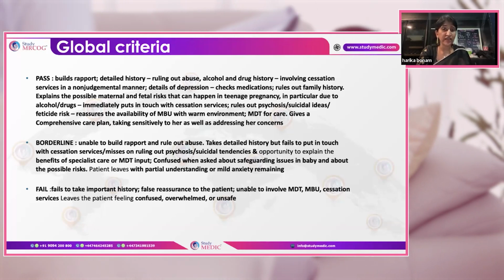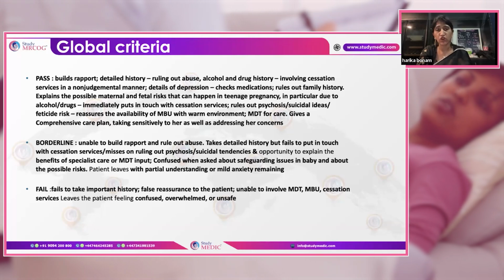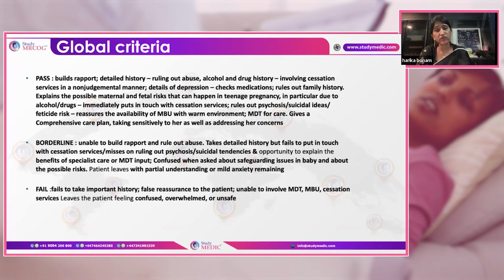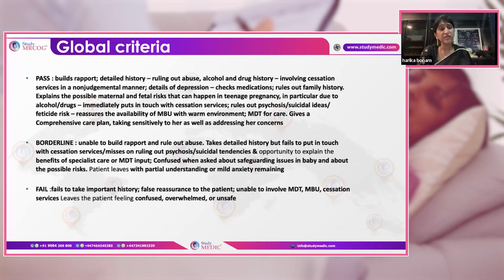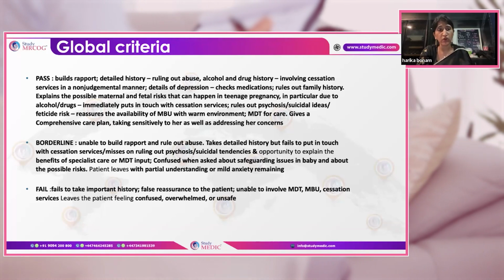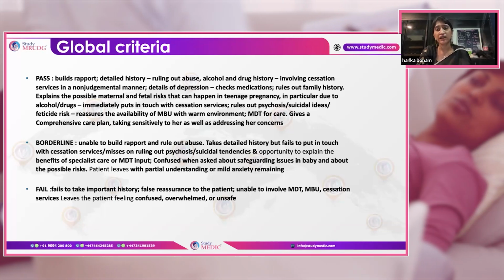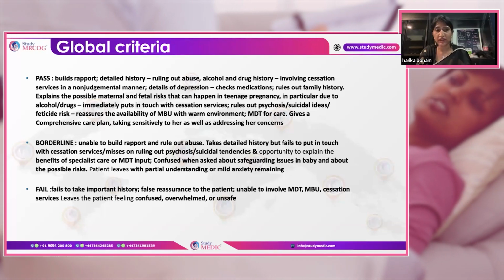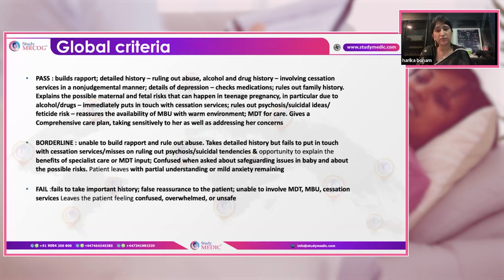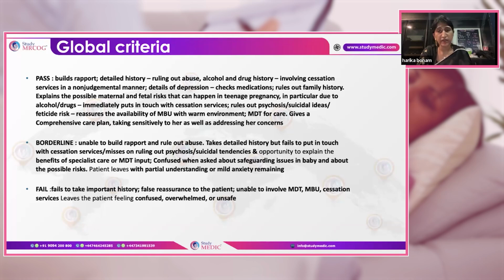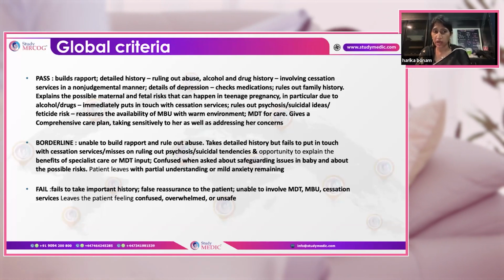And then when she has this history of alcohol and drug abuse, you have to involve the cessation services in a non-judgmental manner, going into details of depression, checking medications, rule out family history of any mental health illness, explaining the possible maternal fetal risks with each one of these situations, and putting in touch with cessation services, ruling out the red flag ones, that is the psychosis or suicidal ideas or infanticide risk, and reassuring the availability of mother and baby unit with warm environment and MDT care. So make a comprehensive care plan involving all these things. You will be given a pass score.